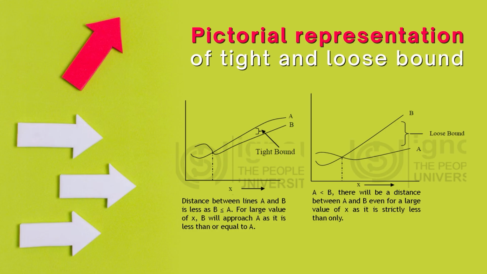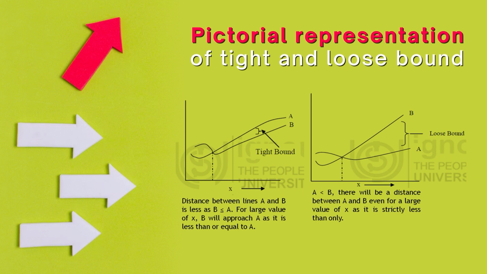In the pictorial representation of tight and loose bound, in the first figure, with less than or equal to, you can see the distance between lines A and B is less than or equal to A for large values of X. As the value of X increases, it will approach A, as it is less than or equal to A. But in the case of a loose bound, where A is less than B, there will be a distance between A and B even for large values of X, as it is strictly less than.